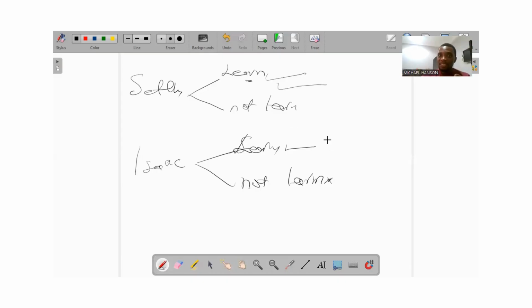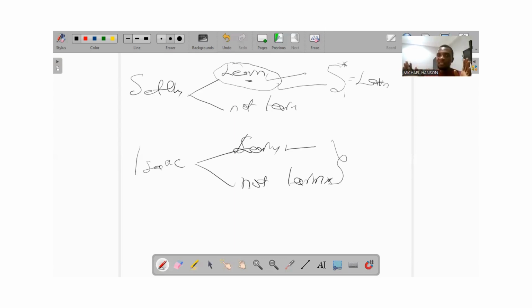It means that irrespective of what Isaac does, Seth chose to learn. That means Seth has a dominant strategy, which is S1 star, which is to learn. It means that no matter what Isaac did, Seth stuck to his decision or strategy of learning.